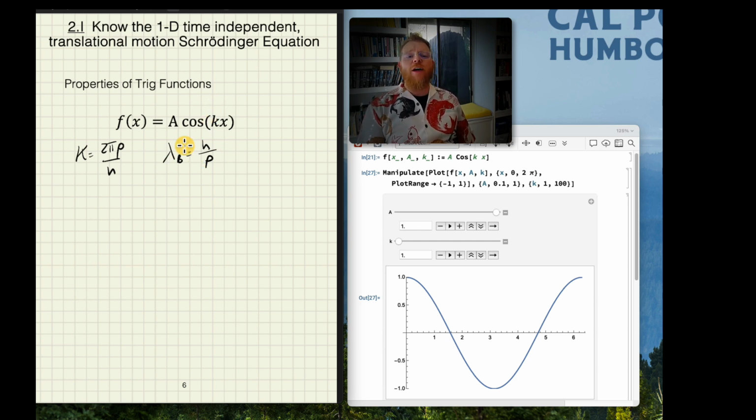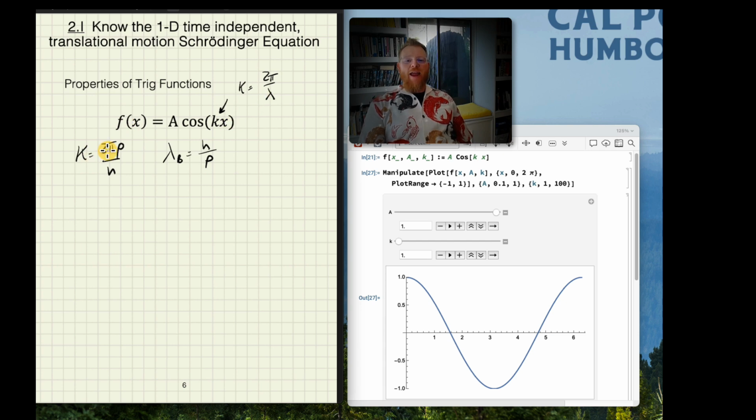And now if we look at our general property of this cosine function, so when we have this regular old trig function, this k, it represents a wave number. And so specifically in pure trigonometry, that k takes on the value of 2 pi over lambda.